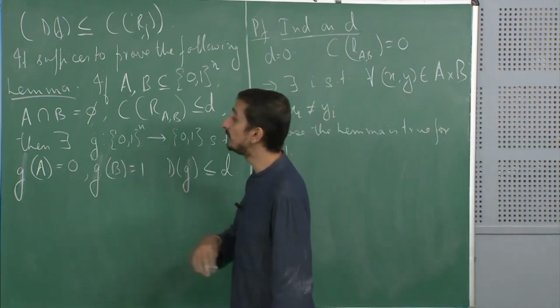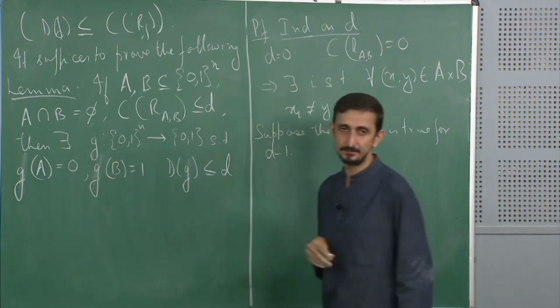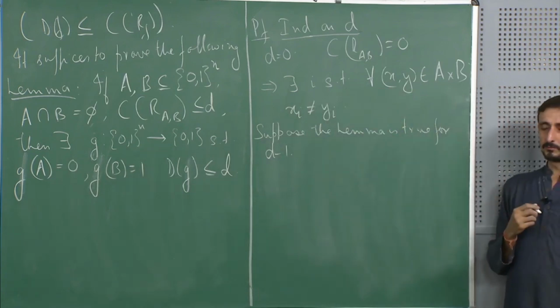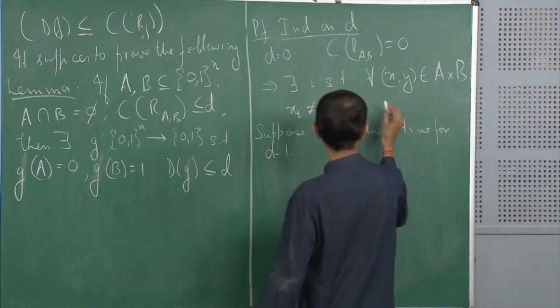We have to specify what G looks like, right? So we have to say what is the function G such that this happens. If there exists an i, then what would be the corresponding G? Xi or Xi bar, this will depend on it.